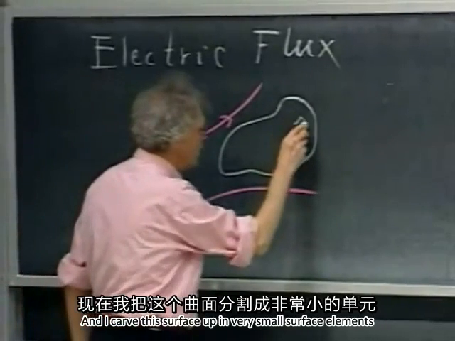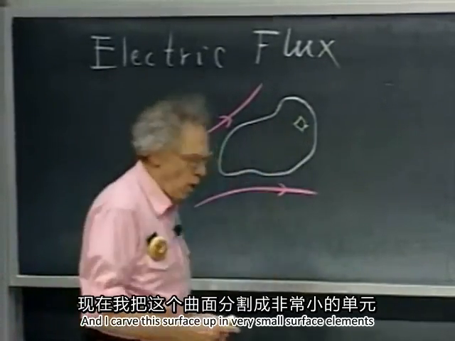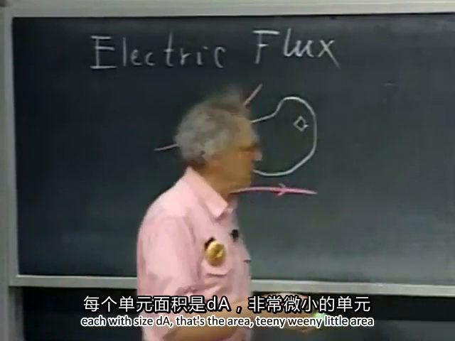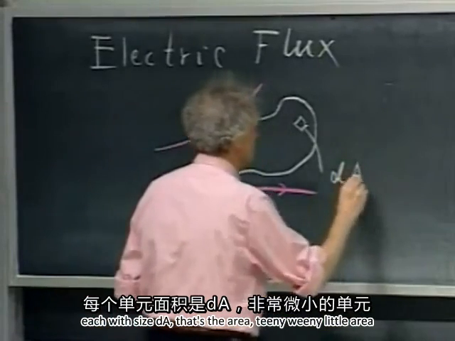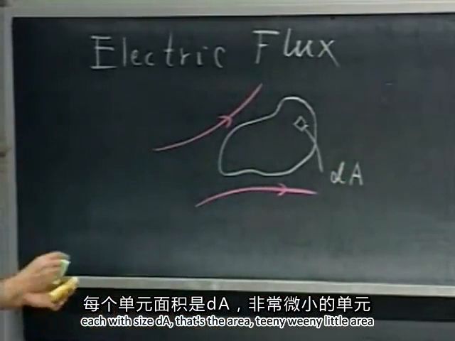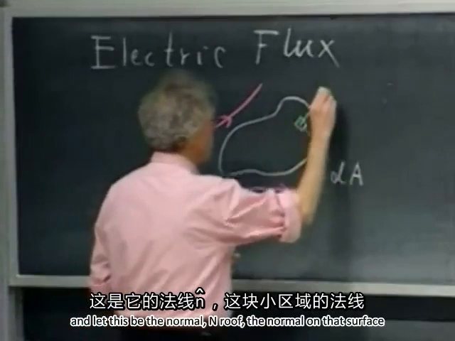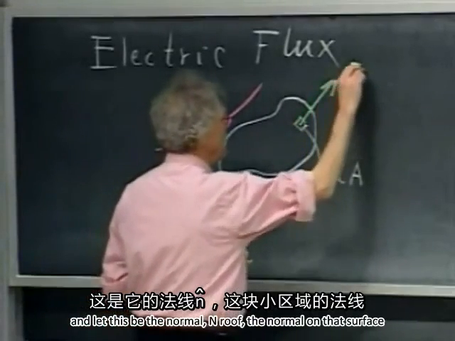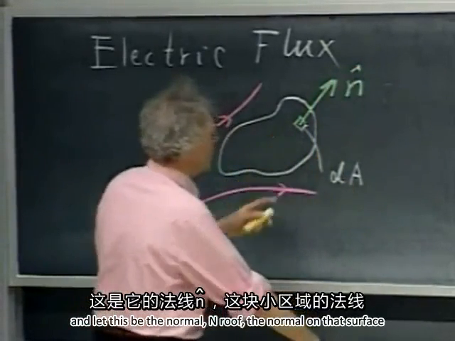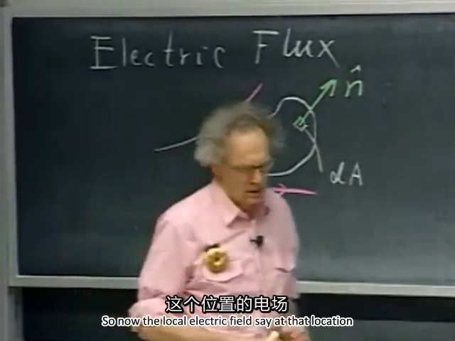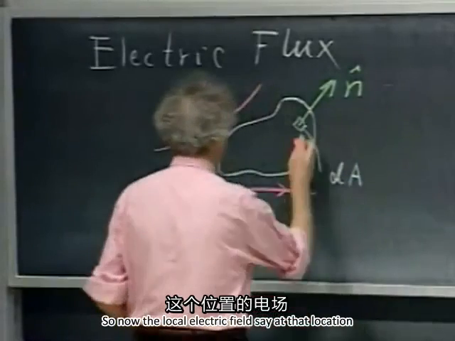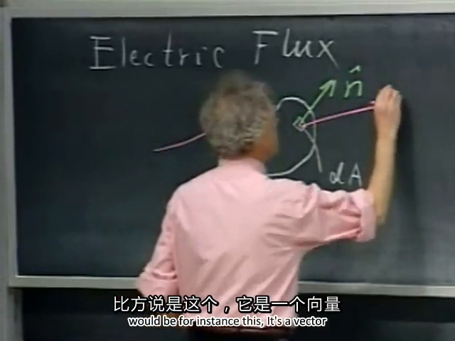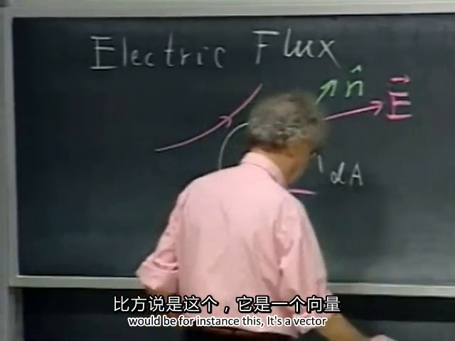And I carve this surface up in very small surface elements, each with size dA, that's the area, teeny weeny little area, and let this be the normal n-roof, the normal on that surface. So now the local electric field, say at that location, would be, for instance, this. That's a vector.